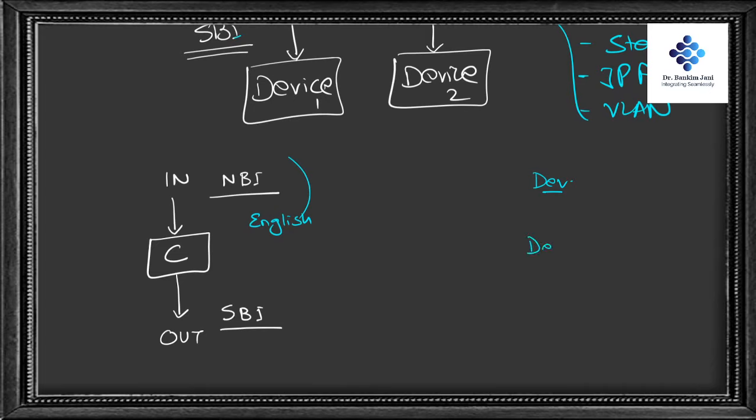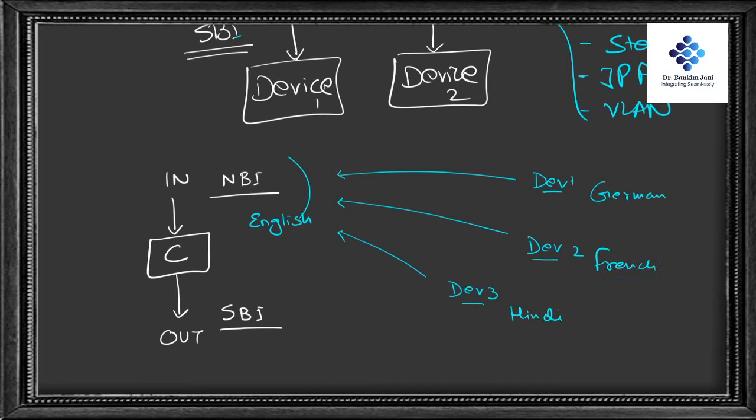They say that yes, we want to give our data to you, but we don't know your language. They know their separate languages. Let's say this device says I speak German. This says I speak French. This will say I speak Hindi. Sorry.